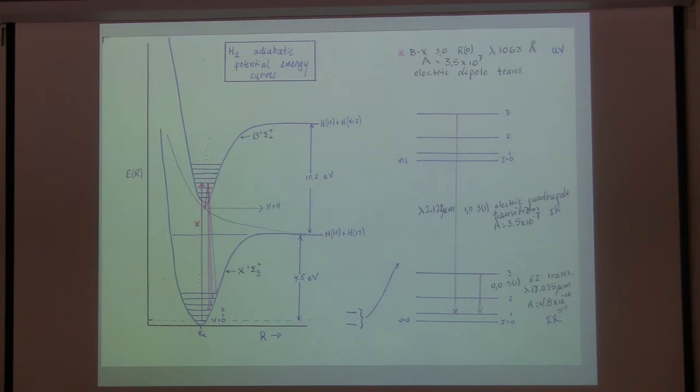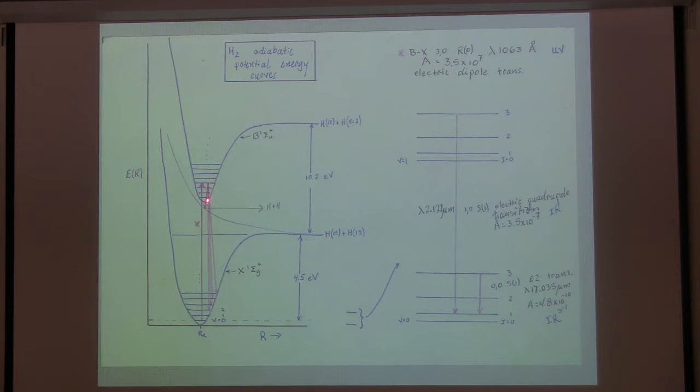And then there are two things that can happen. After pondering the matter for about a nanosecond, the excited molecule then will decide to undergo a spontaneous transition back downwards. And that can go to one of two electronic states.